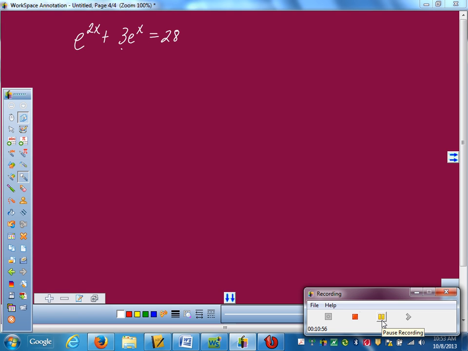People look at this problem and want to go do all kinds of fancy things, and this is actually an algebra problem. The big thing is that you have two e's in one problem. If I move it over, I would have 28 minus 3e to the x, and when I natural log it, I would have the natural log of all of that together in one lump.